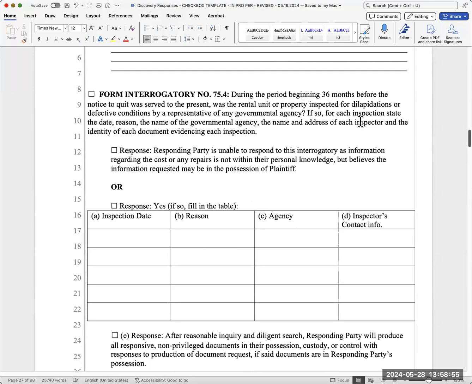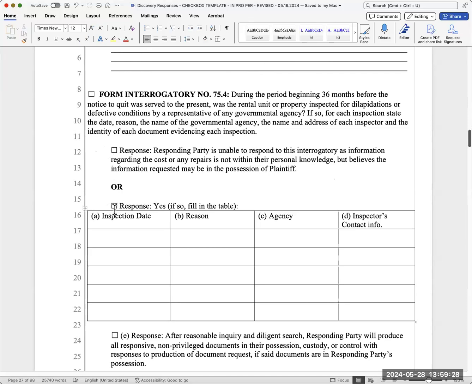If so, for each inspection, state the date, the reason, the name of the governmental agency, the name and address of each inspector, and the identity of each document evidencing each inspection. Now, sometimes this is done without your knowledge, especially things that have to do with the common areas. So if that is appropriate for you, you could check here, because you don't know, but the plaintiff might know.